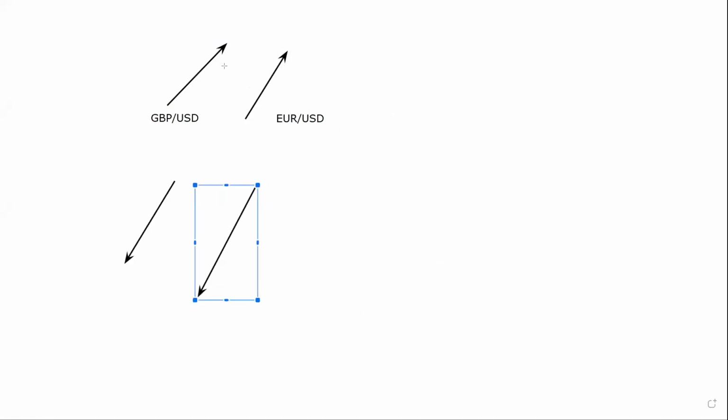So they both are moving in the same direction. We call this positive correlation. All right. When both assets are going in the same direction, either up or down, this is also positive correlation.